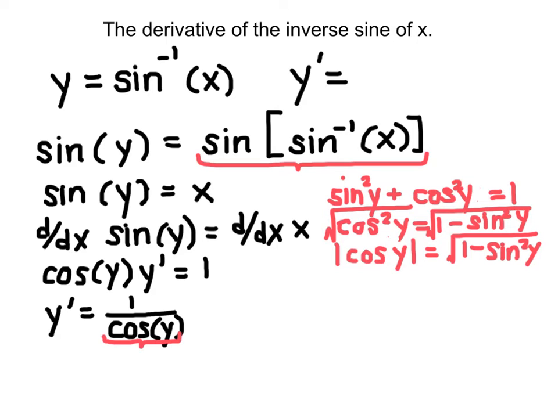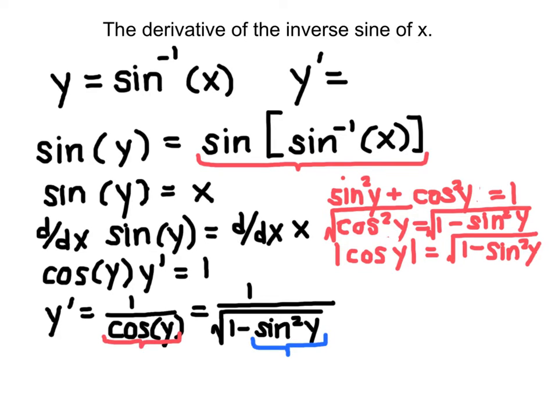So we end up with y prime is equal to 1 over the cosine of y, which is 1 over the square root of 1 minus sine squared y. And what we see here is that the sine of y is equal to x.